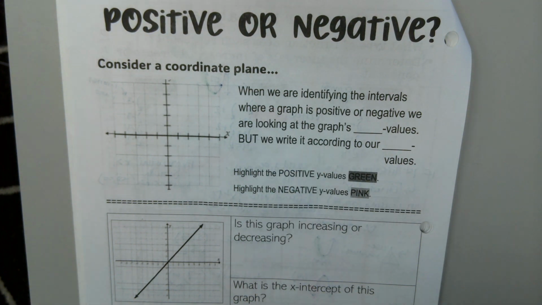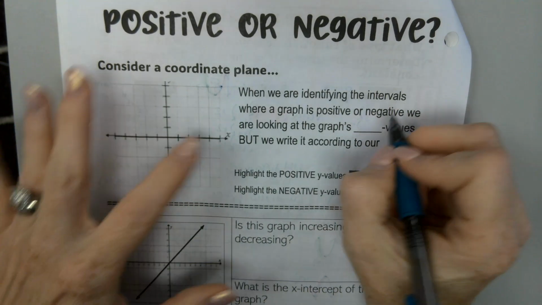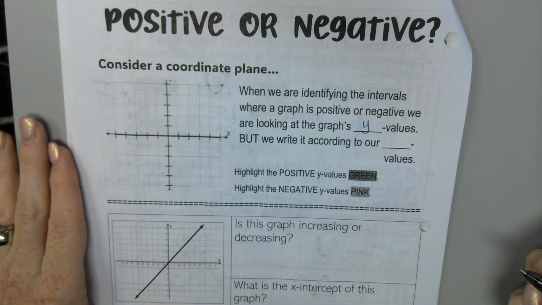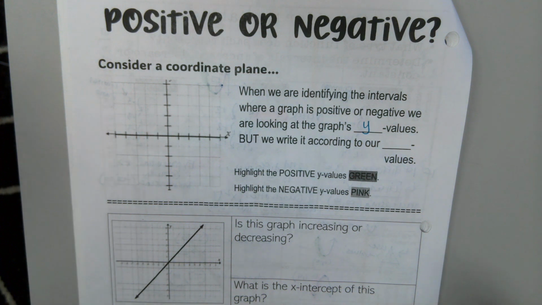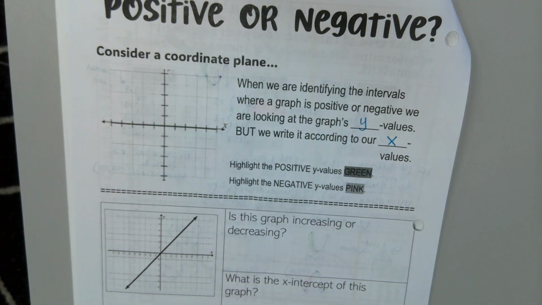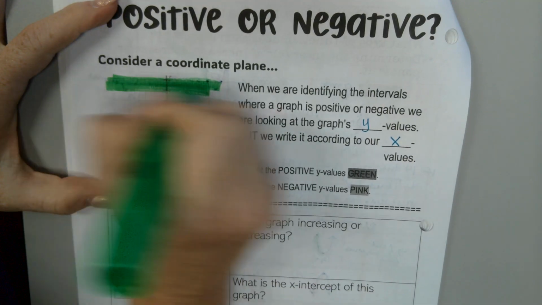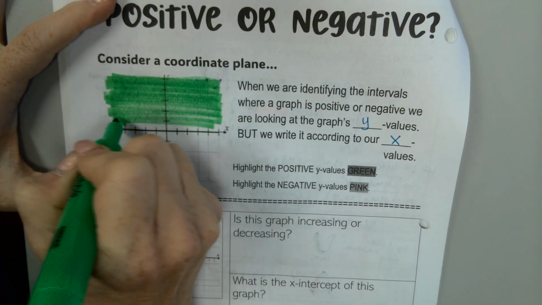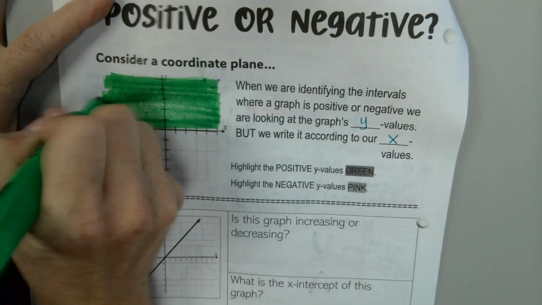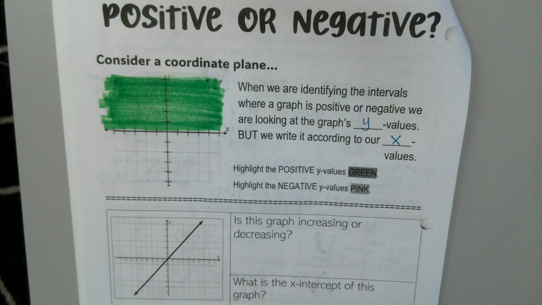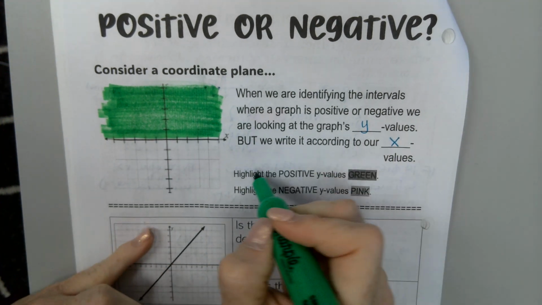When we are identifying our intervals where a graph is positive or negative, we're going to be looking at the y values. So when we identify positive and negative on the coordinate plane, I am going to write it according to my x values, just like I did before. But if I am identifying my positive and negative values, I'm going to be looking above the x-axis for positive.